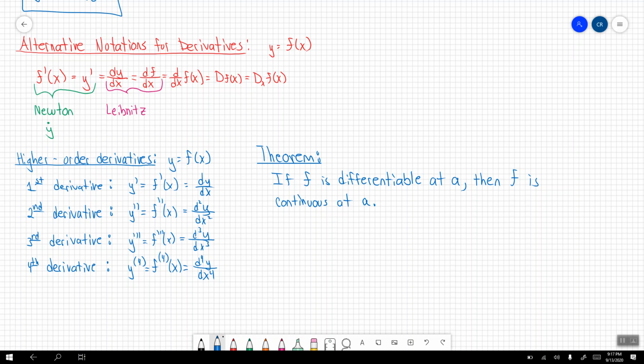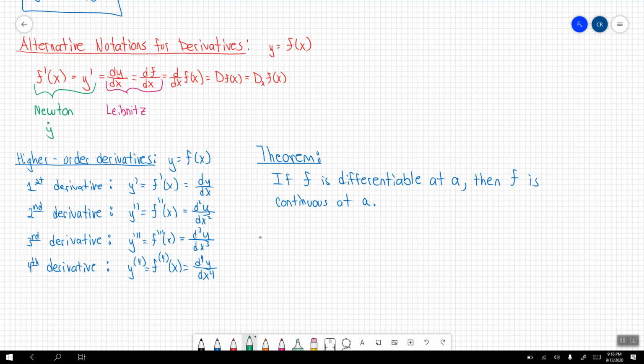However, you must be very, very careful. If a function is continuous at a, it does not mean that it is differentiable at a. In other words, the converse of this statement is not true. And more specifically, we want to make sure that when we take derivatives, we have a smooth and continuous function.